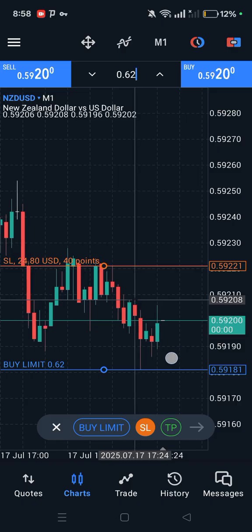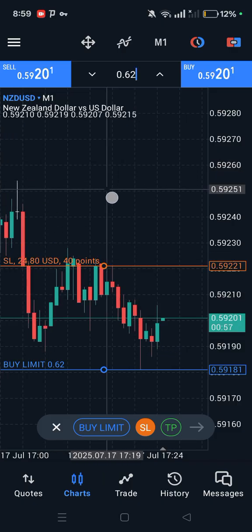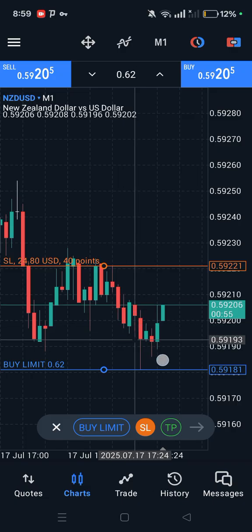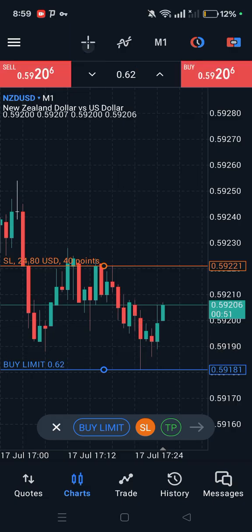One break of structure. It should never take this high. Two breaks of structure. Oh, never mind. It hasn't actually given us a break of structure. So I'm still fine. I'm still looking for trades here.